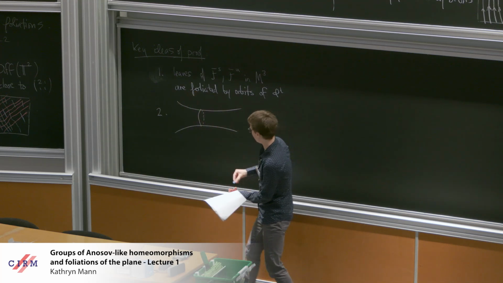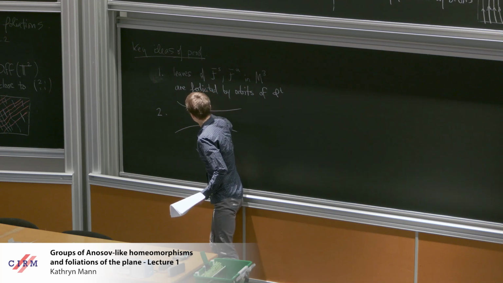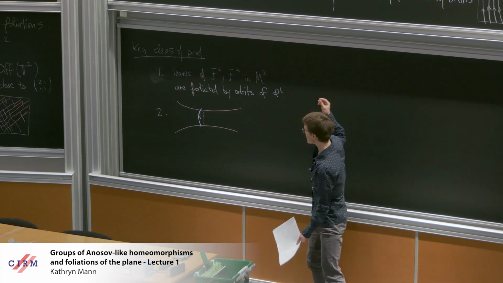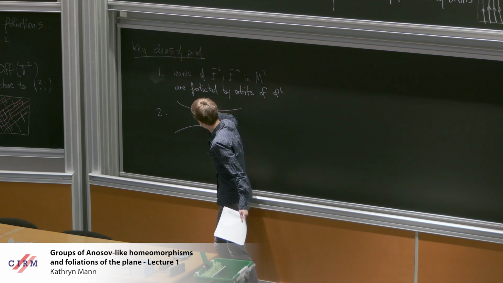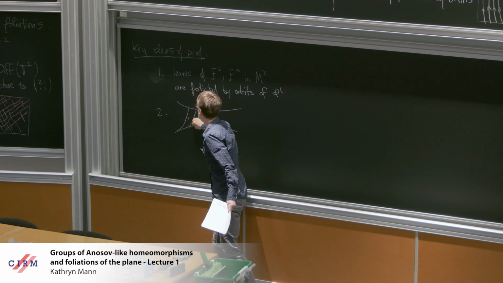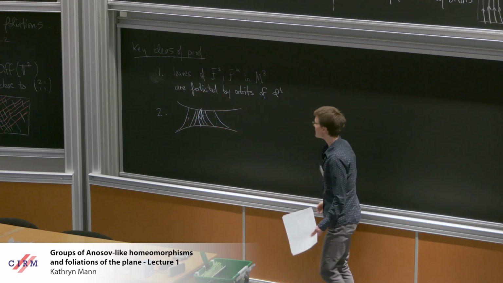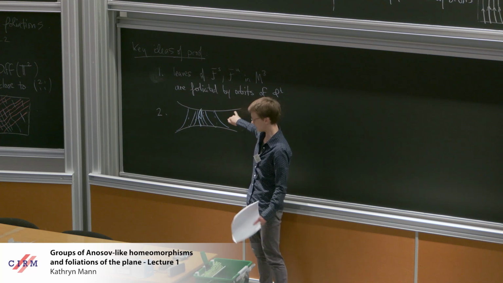And this is stable, to be concrete to draw pictures. This convergence picture tells me that any other leaf on here is going to eventually spiral onto this one. Okay, so in particular, I can't have another closed orbit on this cylinder.